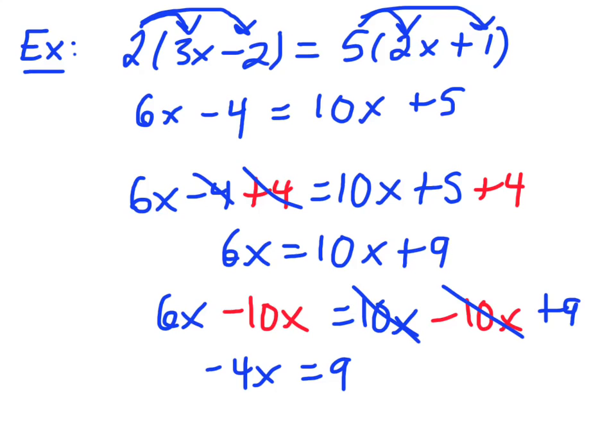Then I have to get rid of that negative 4, so I have to divide both sides by negative 4. So now I'm left with x is equal to negative 9 over 4.